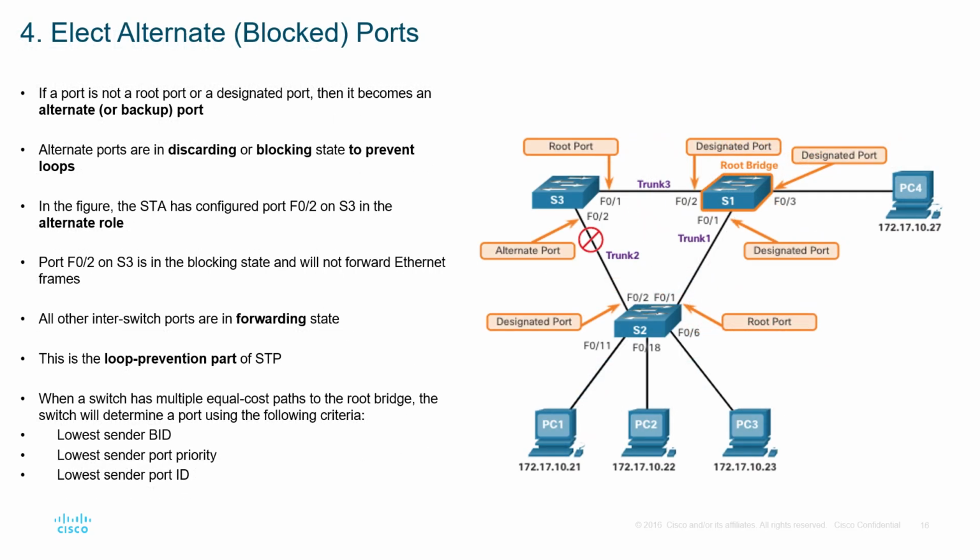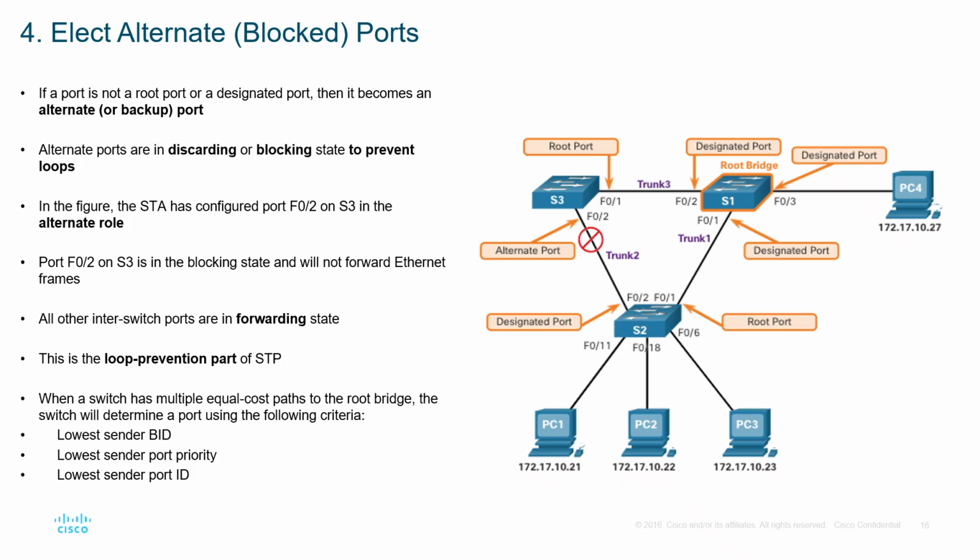Now, if a port is not a root port or a designated port, then it becomes the alternate or the backup port. So here you see that S3 F02 is your alternate port or your backup port. Alternate ports are in discarding or blocking states to prevent those loops from happening.